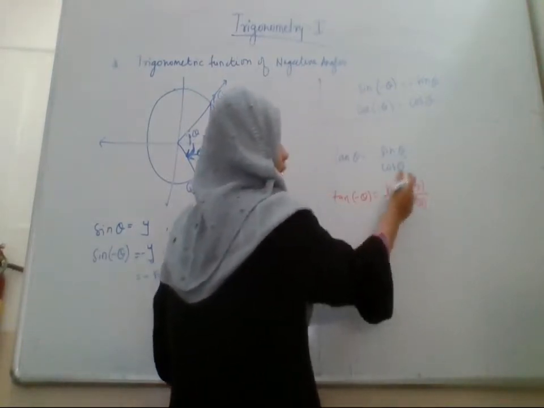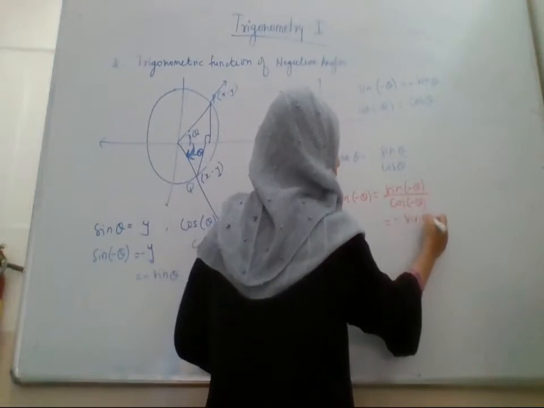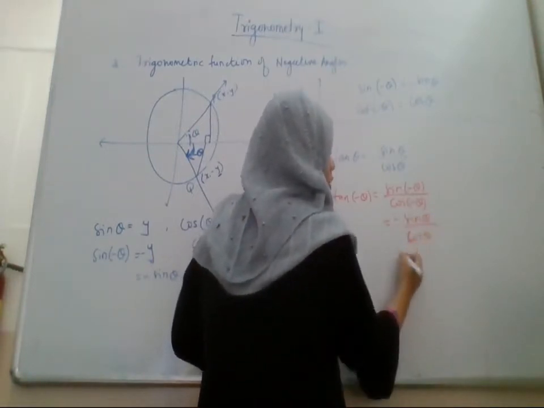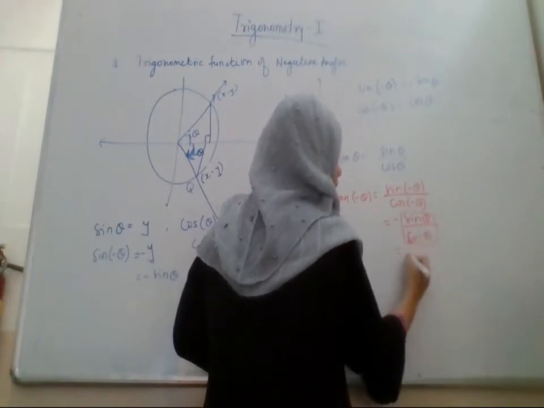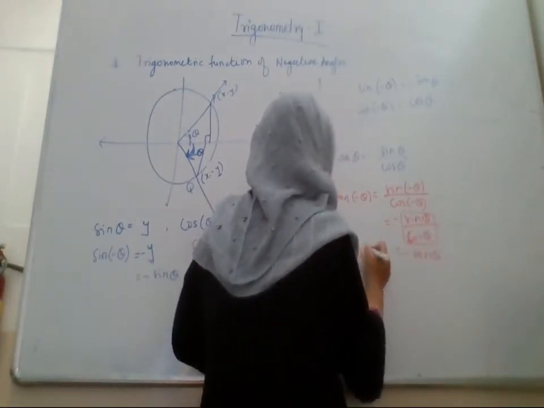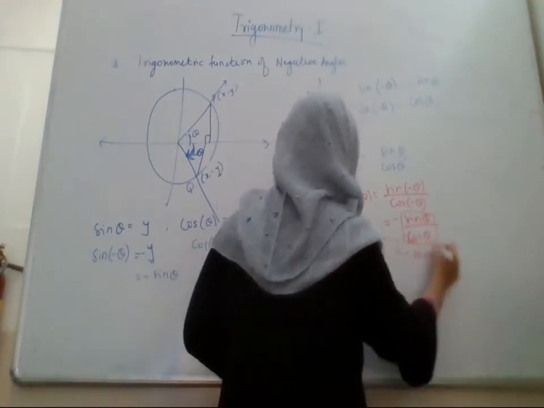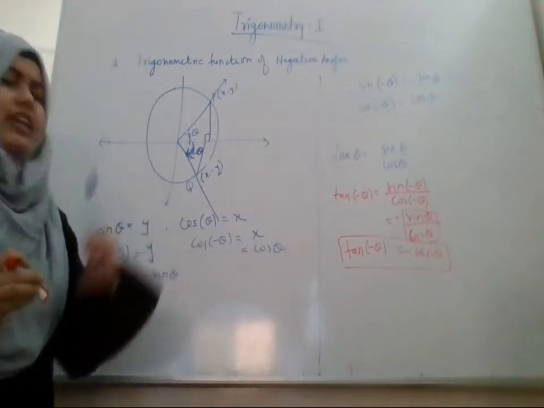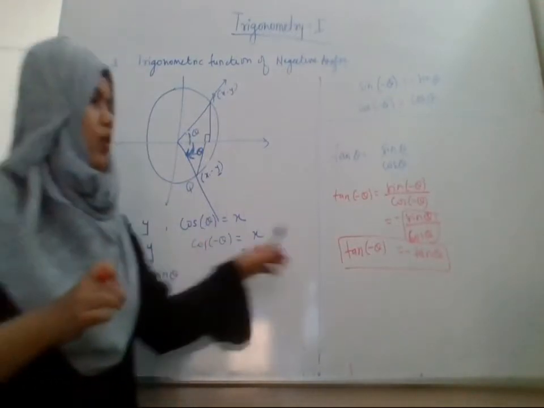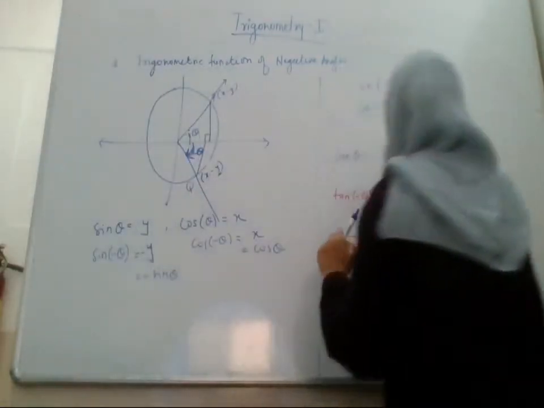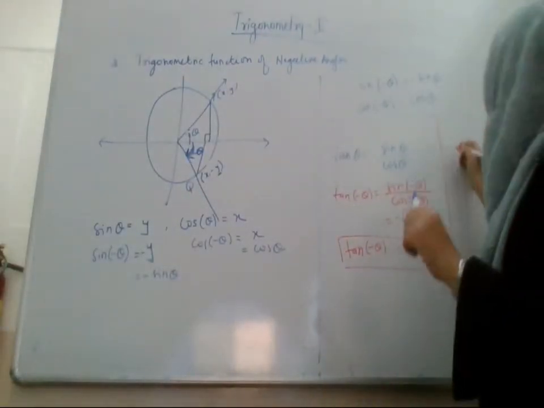But sin minus theta is minus sin theta and cos minus theta is cos theta only, so this is nothing but minus tan theta. So in the case of tan as well, the minus sign comes out, like sin. In both cases the minus sign comes out, and in the case of cos the minus sign is absorbed.